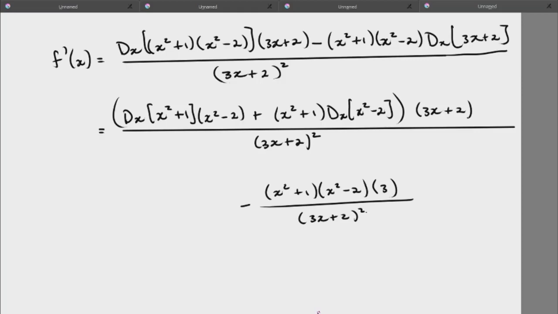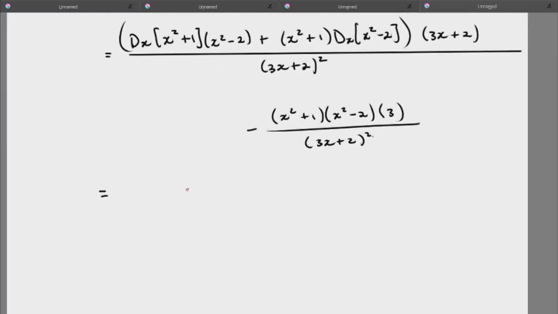Now finishing up those last two little derivatives should not be a problem. I'm going to write it out so I don't show you bad habits. This first one is just 2x, and that gets multiplied with x squared minus 2. Then I have my x squared plus 1 times 2x.